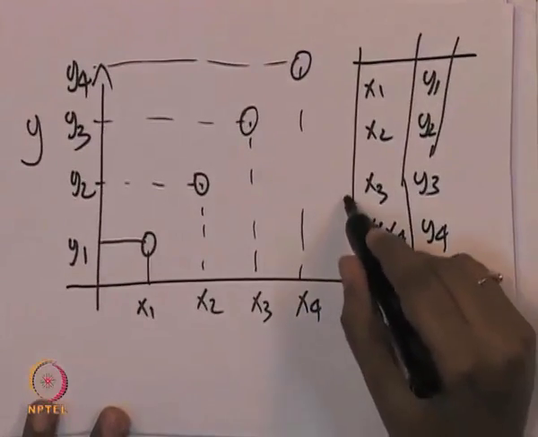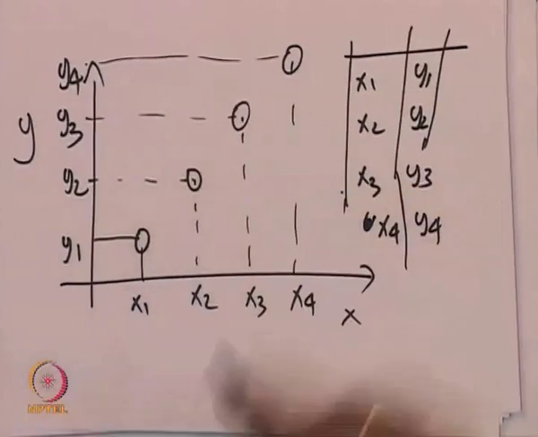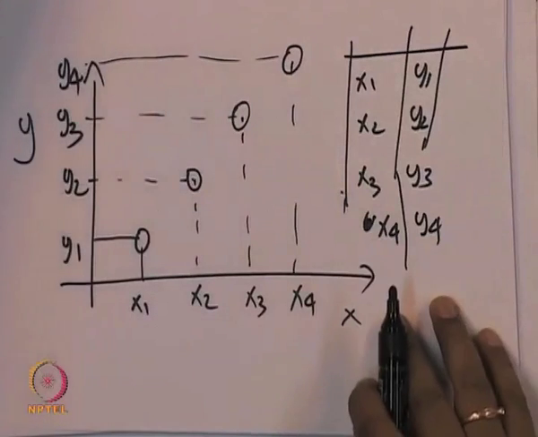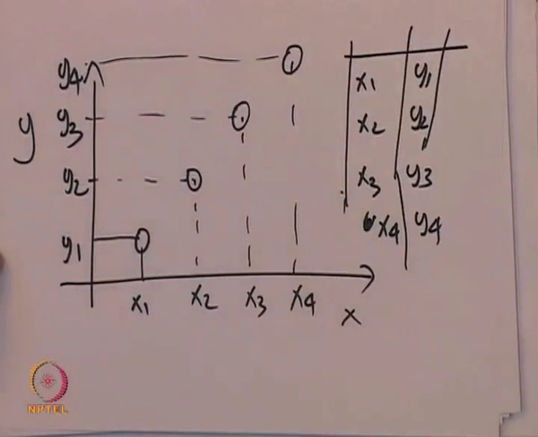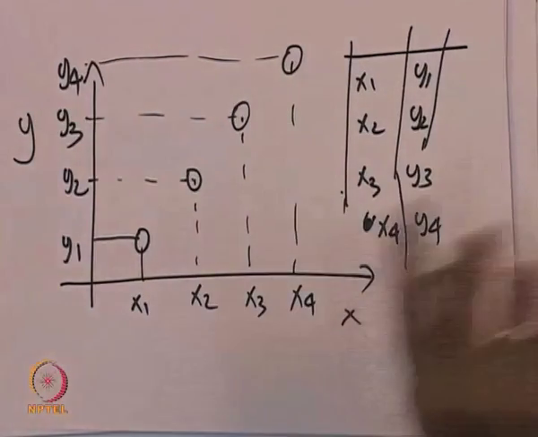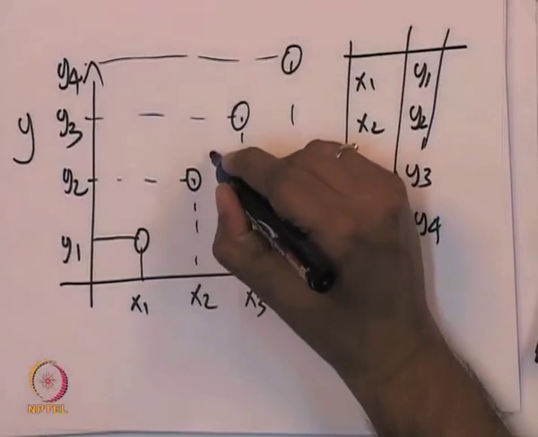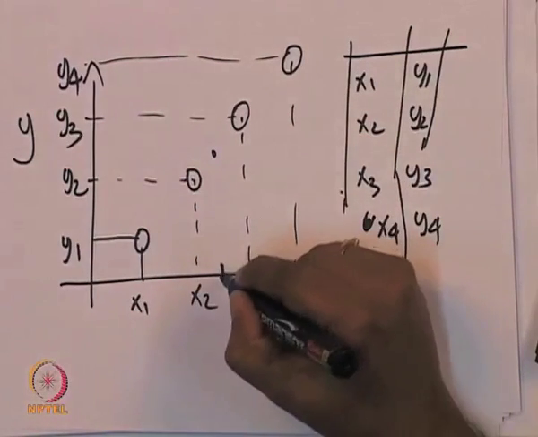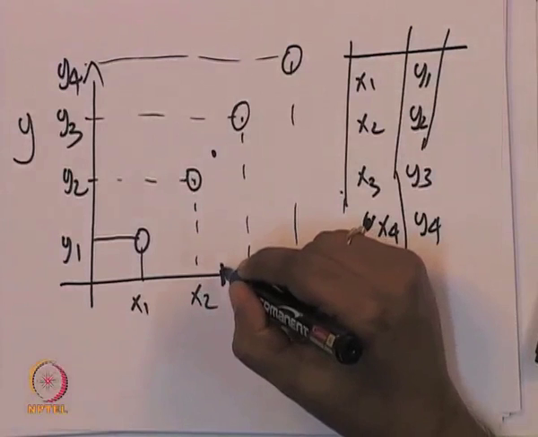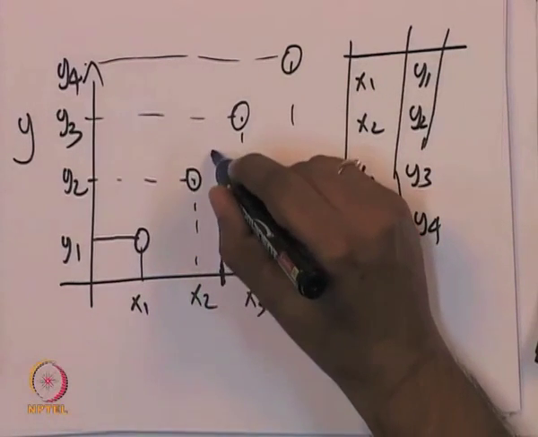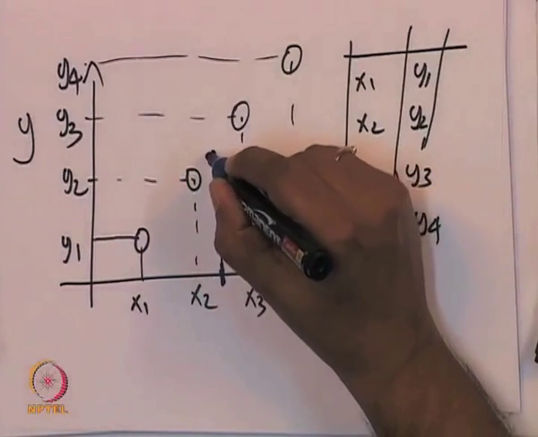These are the corresponding values, and this is the table I got and this is the function I got. So, if I have some function like this, the simple question that might arise is how do I find the value of the function here, somewhere in between? How do I get this particular point?